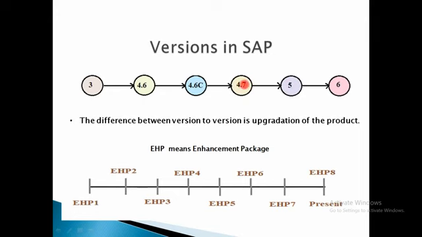SAP will release new versions. See here, the present version is 6, and the most successful version in SAP history is also 6. Make a note: the most successful version in SAP history is 6.